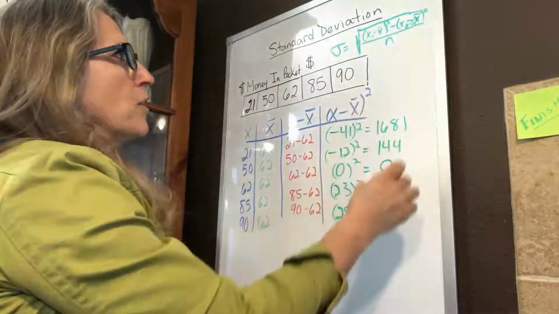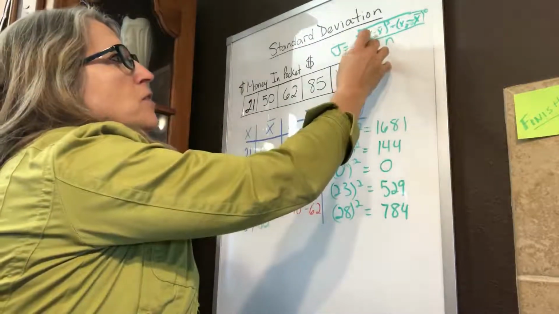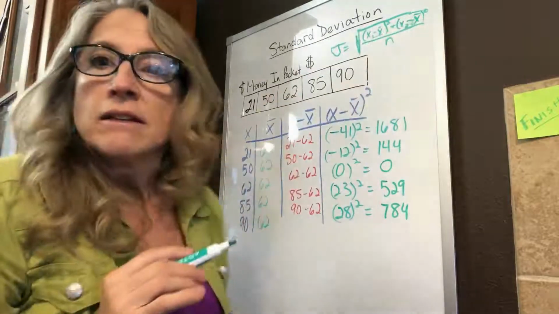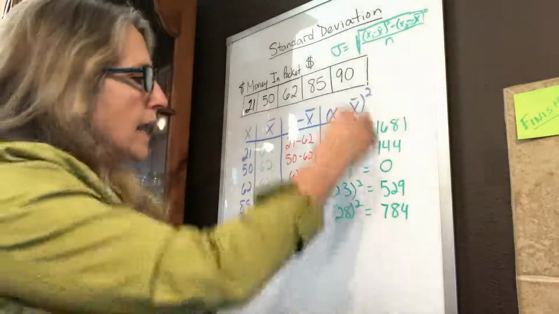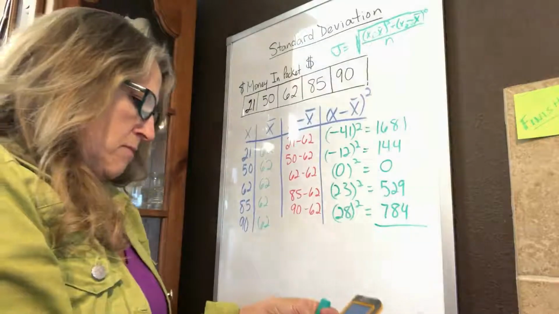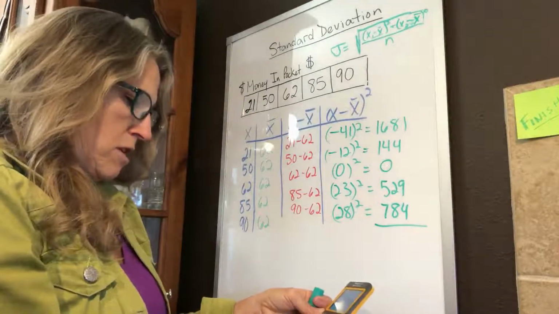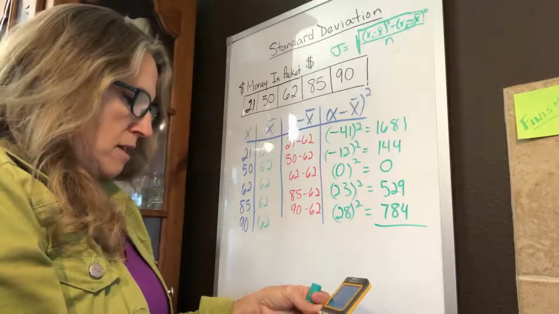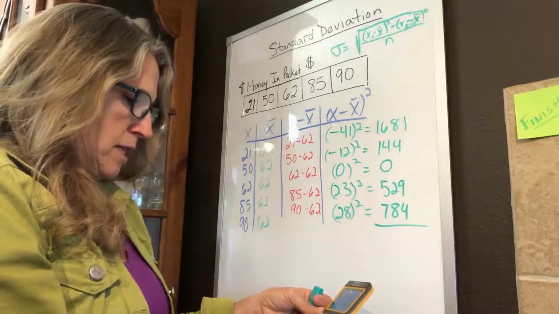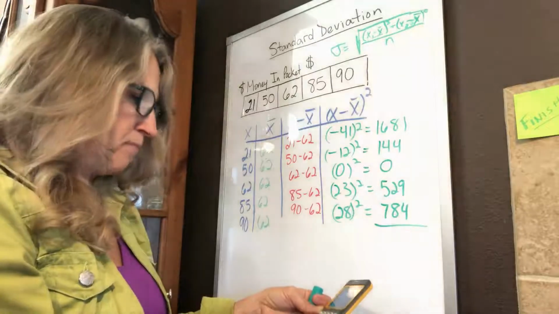So I need to add all these up because I've just figured out each of these inside of my square root. So let's add those up. I get 1681 plus 144 plus 0 plus 529 plus 784, right?